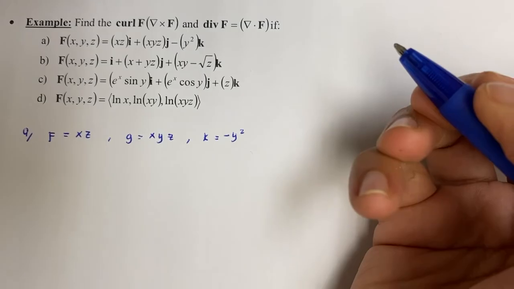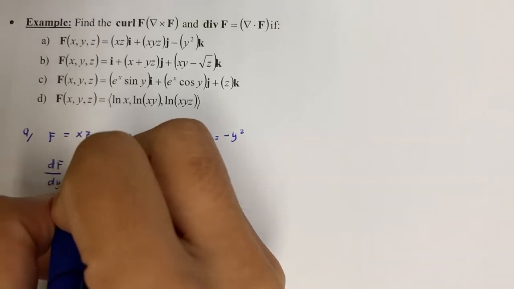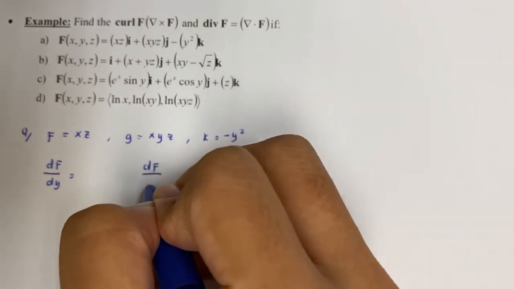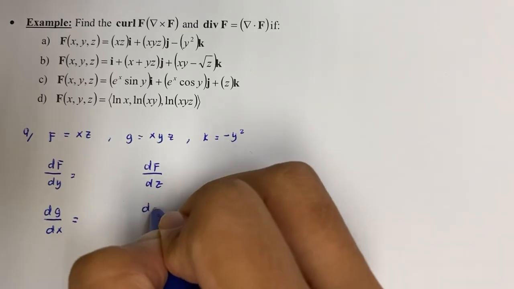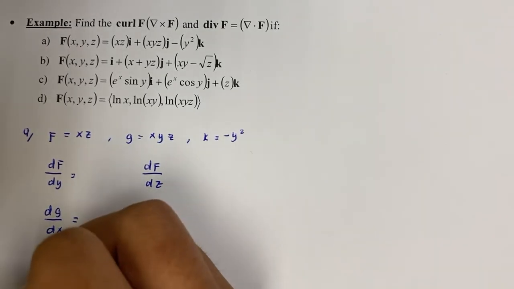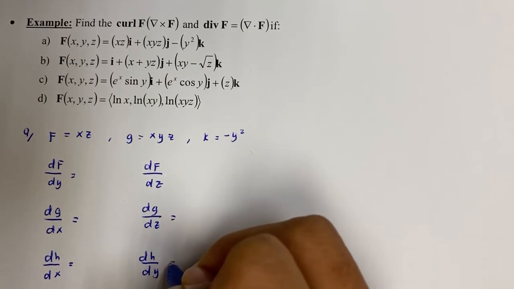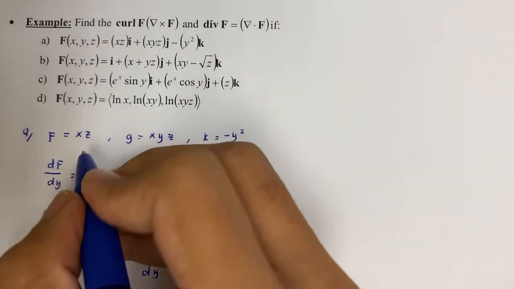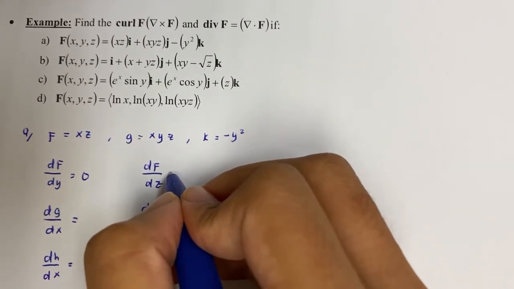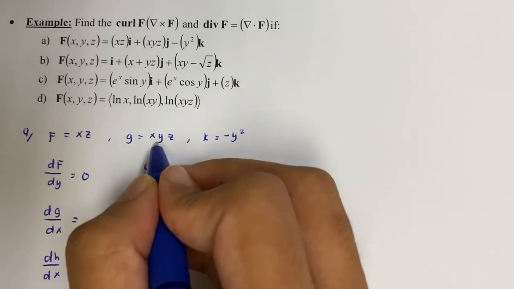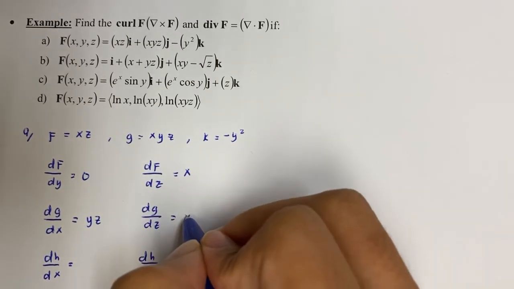To solve for curl F, you need to find df/dy, df/dz, dg/dx, dg/dz, dh/dx, and dh/dy. So df/dy is equal to 0, since you differentiate xz with respect to y. df/dz is equal to x, dg/dx is equal to yz, and dg/dz is equal to xy.